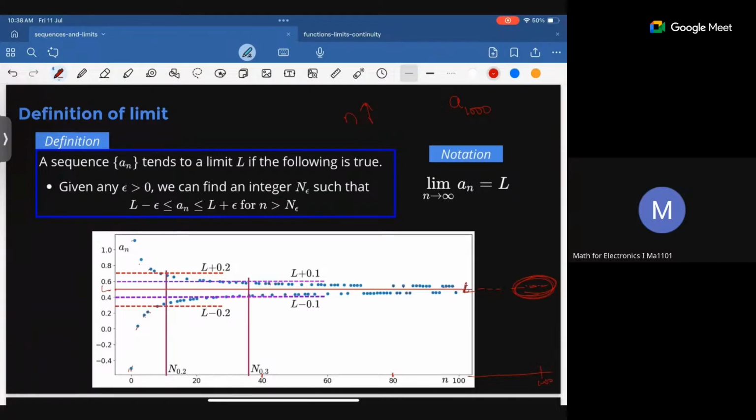The later terms are all almost equal to L. Such sequences are called convergent sequences, and whatever value the later terms take, that L is called the limit of the sequence.